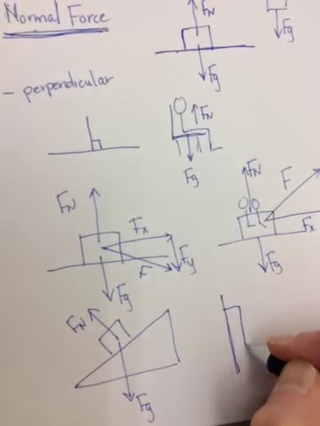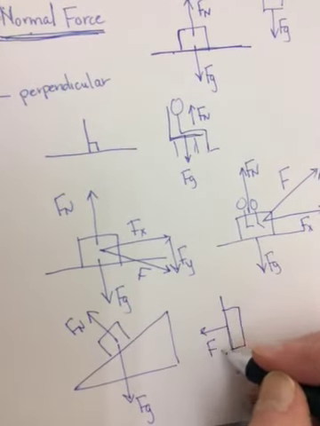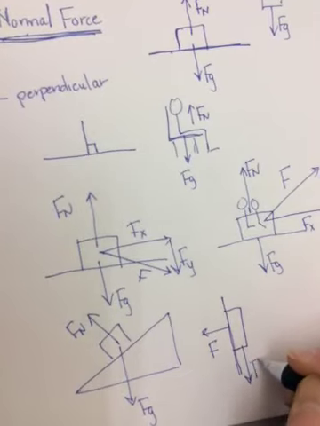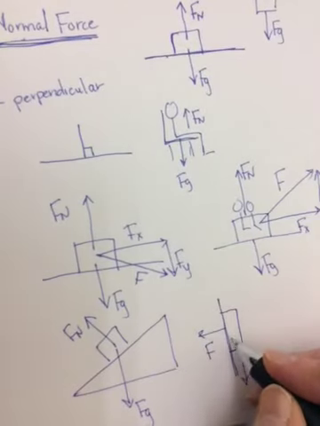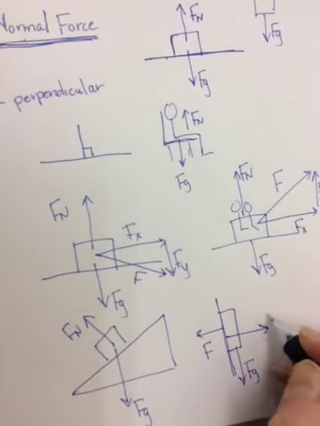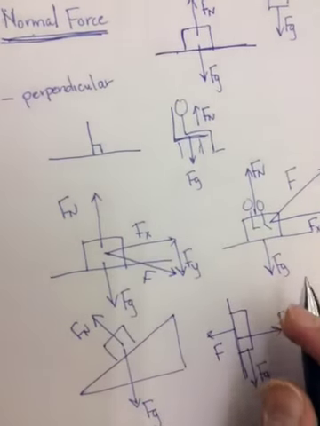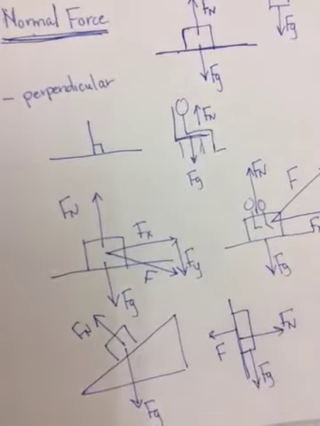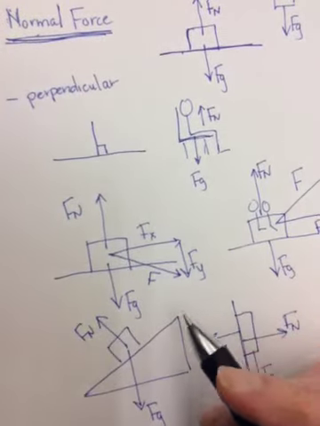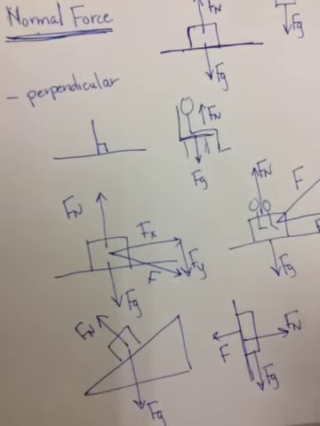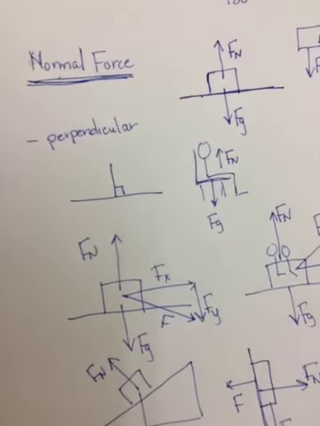Imagine you have the wall and you put a textbook against it and you push in with some force. Gravity's going to be acting this way. But the normal force always has to act perpendicular to the surfaces in contact. It's going to be acting out like this. So the normal force then is a force that acts perpendicular to the surfaces in contact, and it's the second surface pushing back on the first surface. So that's our normal force.